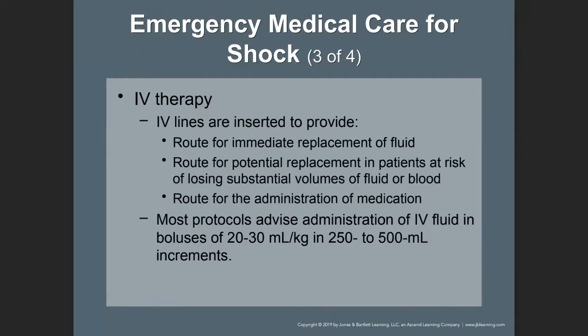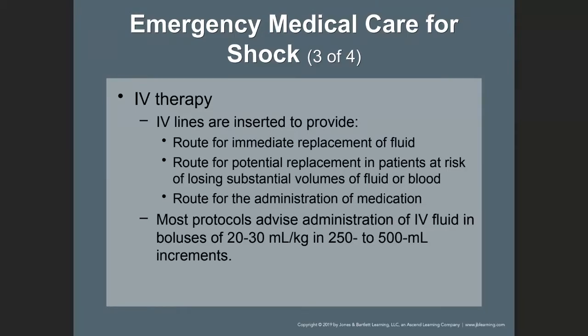Most protocols will advise the administration of IV fluid in boluses of 20 to 30 mL per kilogram in 250 to 500 mL increments. So we're not going to overload the patient with fluid. So if we get a figure of 1,500 mL for the patient, we're not going to run the 1,500 mL without control.